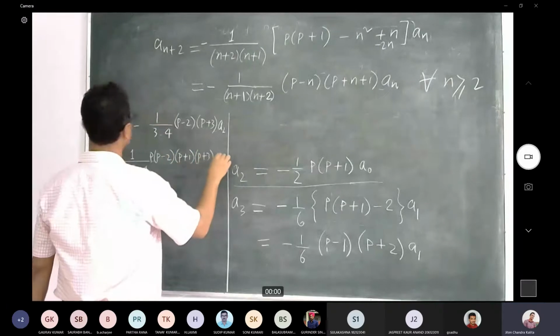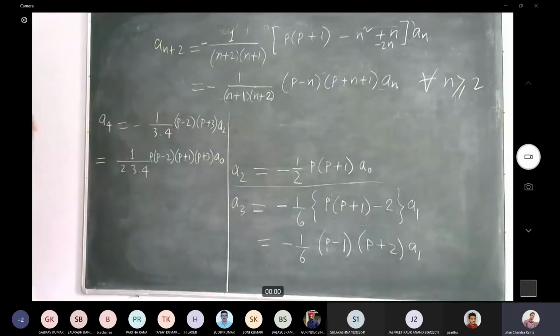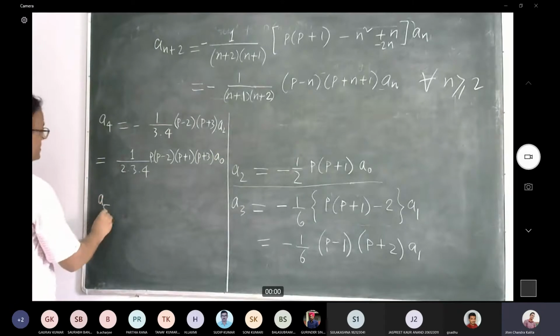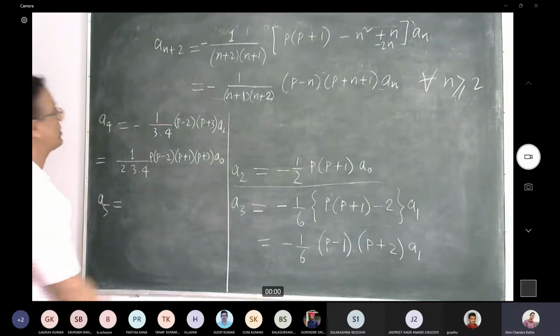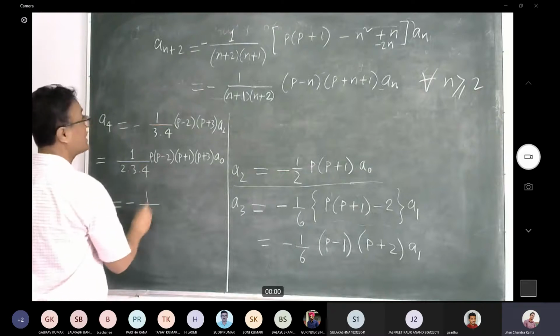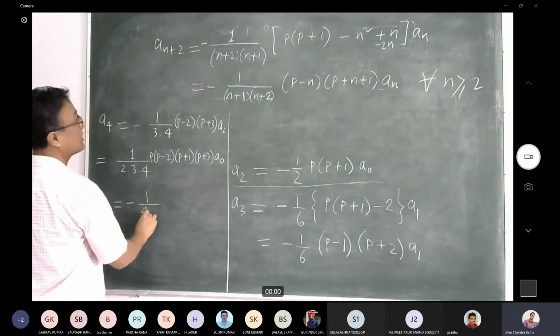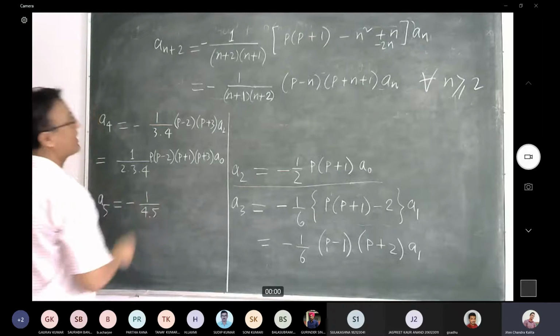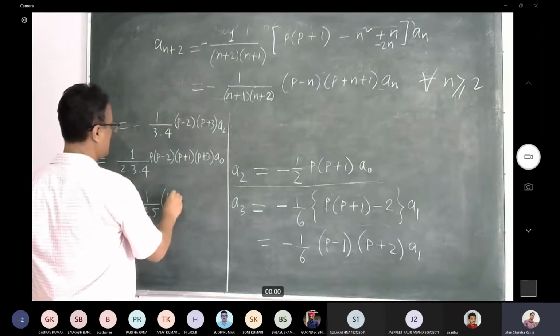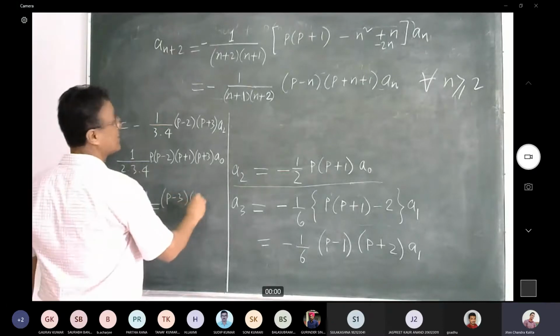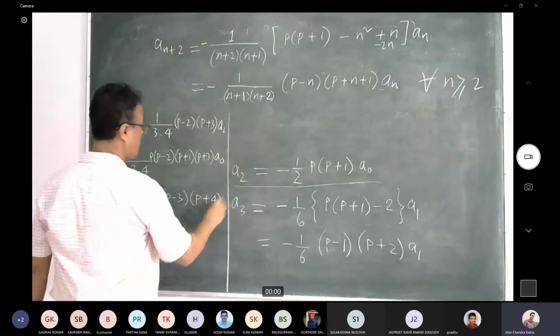This is a naught. Okay, and then if I plug in n equal to 3, this is a5. A5 is going to be minus 1 by 4 into 5, and then p minus 3, p plus 4.